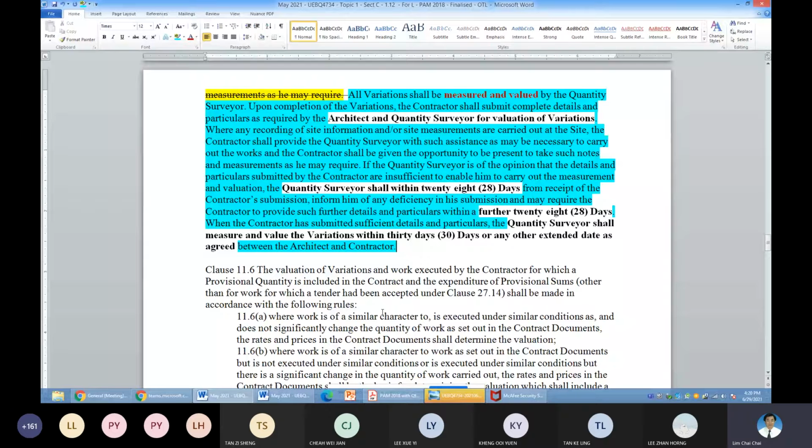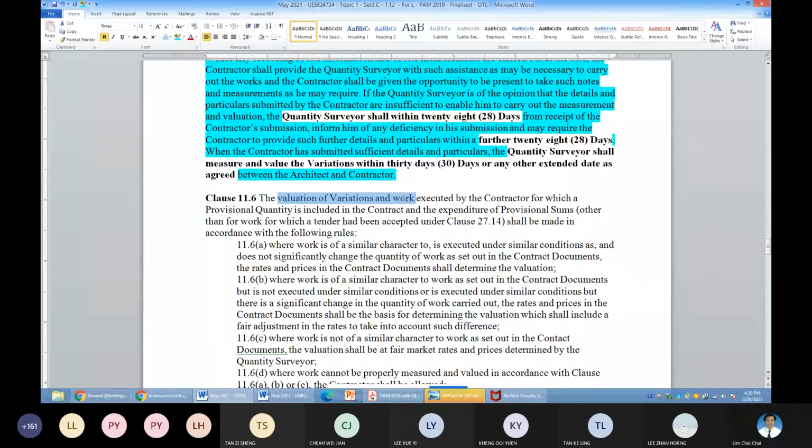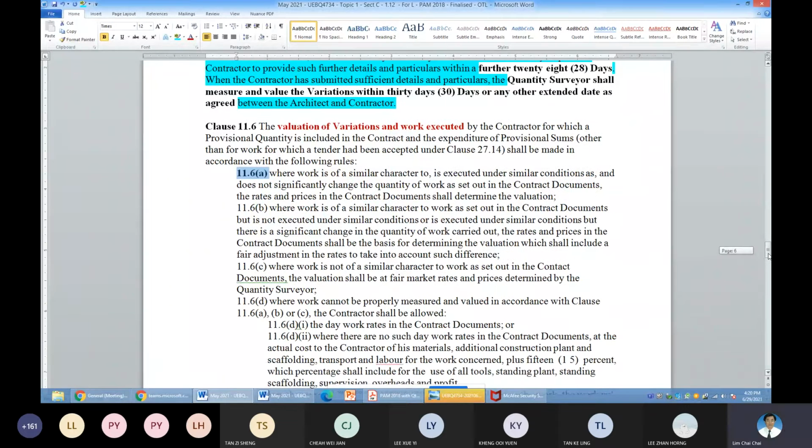So clause 11.6 is on the valuation, how to value the VO work executed. So the rules here will be 11.6a. Pay attention to this. It's very important because these are very important clauses for the QS rather than the architect. So 11.6a, if you are asked to evaluate, how to trigger 11.6a?